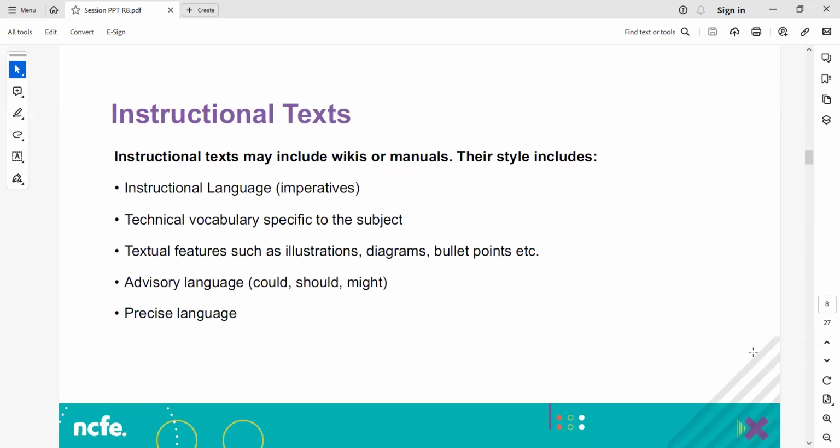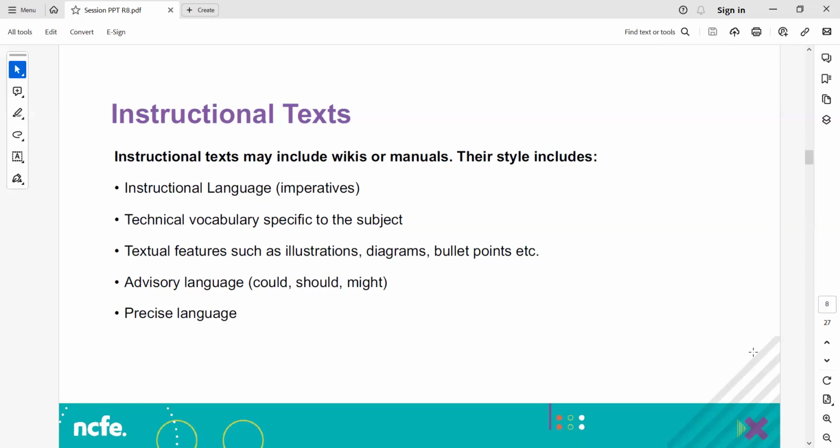So instructional texts, and these can include wikis or manuals. So it can be a set of instructions for building something or fixing something, or a recipe, which is a set of instructions for, obviously, making food. So the style includes instructional language, so using those imperative or command verbs, technical vocabulary specific to the subject.